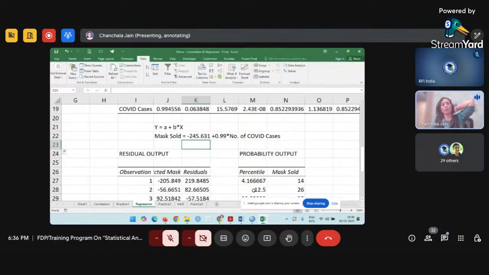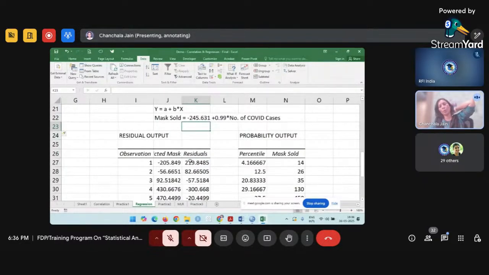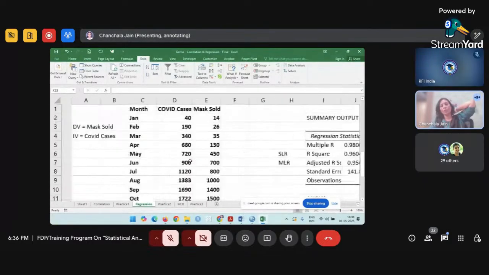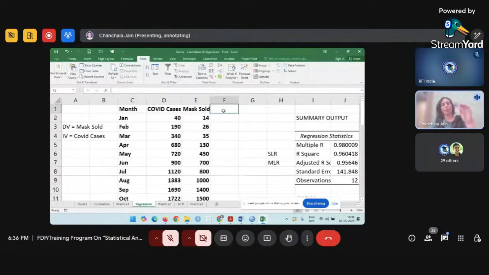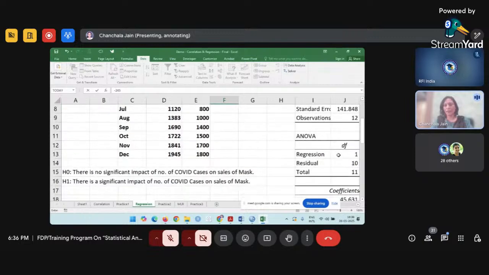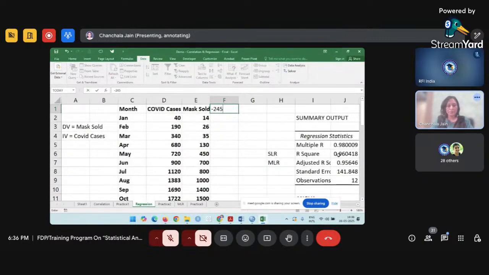Now you need to see, if you want to calculate all these, you can also calculate by your own. How? I think you know this. We have the model value. What is your model? It is minus 245, plus, I think point something it was there, right? 0.63, plus 0.99 into the number of COVID cases.